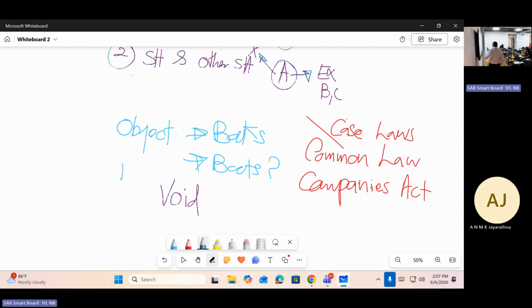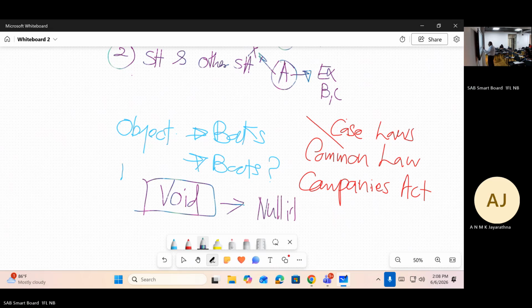So according to common law, this type of contract is treated as void, or null and void. Nullity means no value. Therefore, it is equal to no contract between the parties.